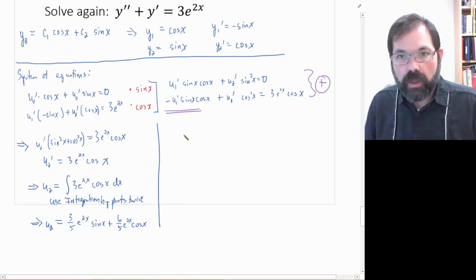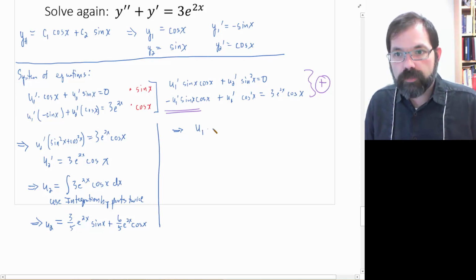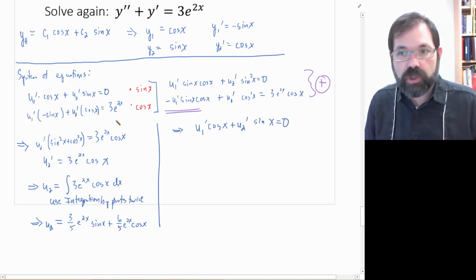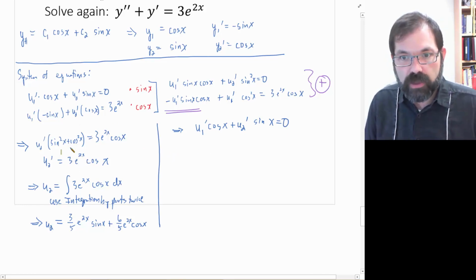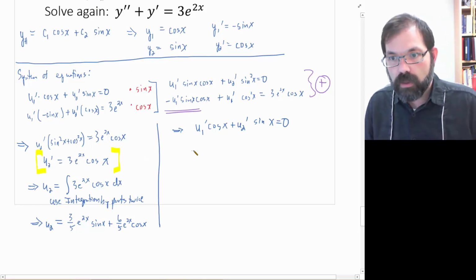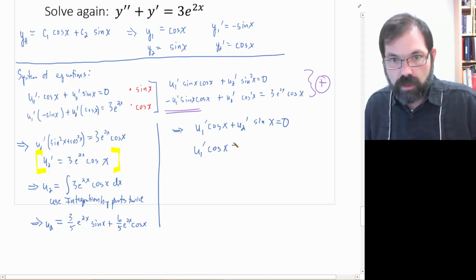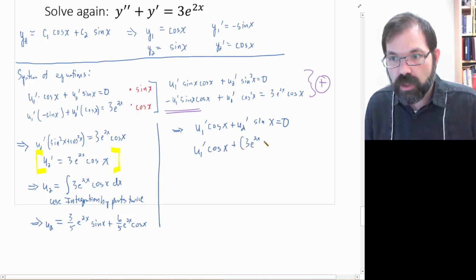Alright, so let's use the fact that u1 prime cosine x plus u2 prime sine x must equal 0. That was our first equation of the system. And I now know u2 prime, so using this line right here, u2 prime is equal to 3e to the 2x cosine x, and that's being multiplied by sine x.